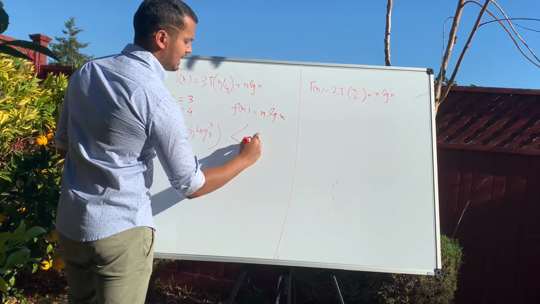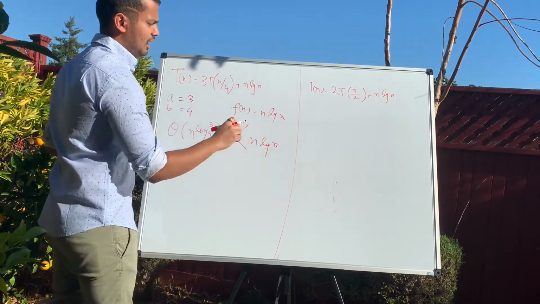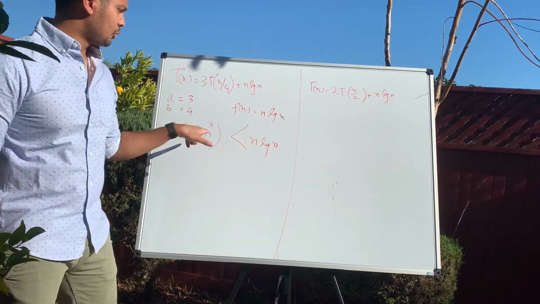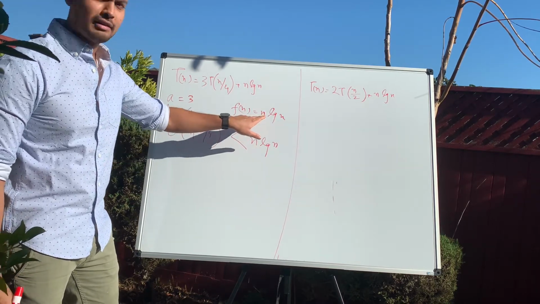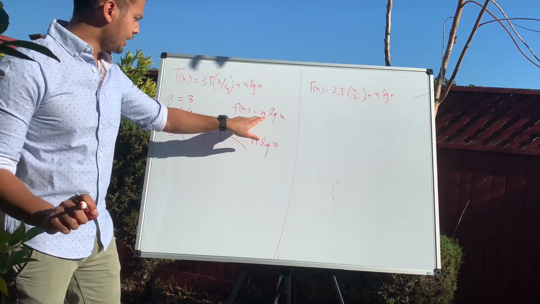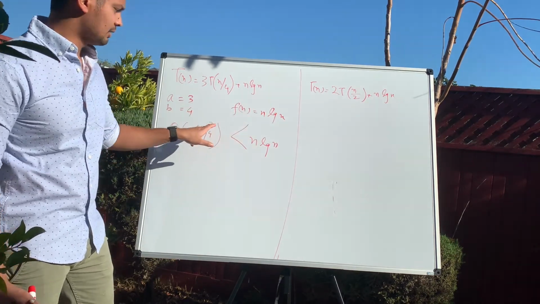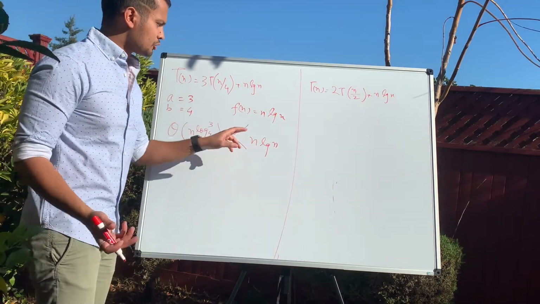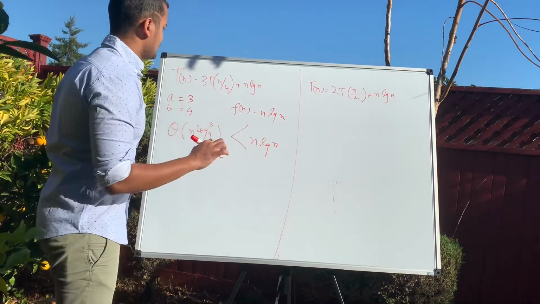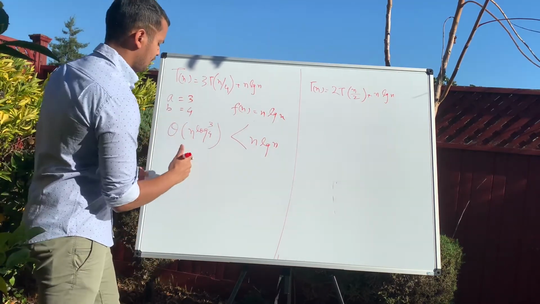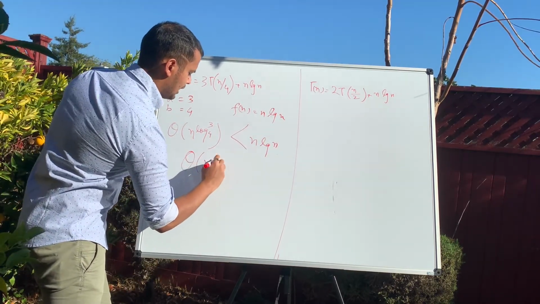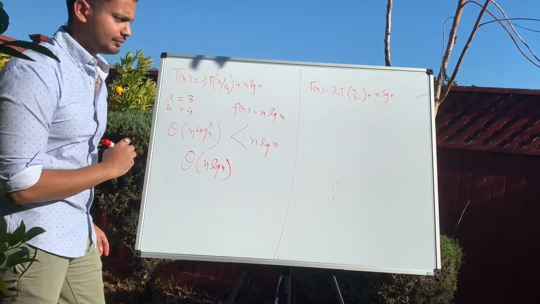Clearly, n log n has higher precedence over this one because it is polynomially greater than n^(log_4 3). That is n to a power like 3 by 4, always less than n. So this one has dominance, and we say that the runtime for this algorithm is n log n.